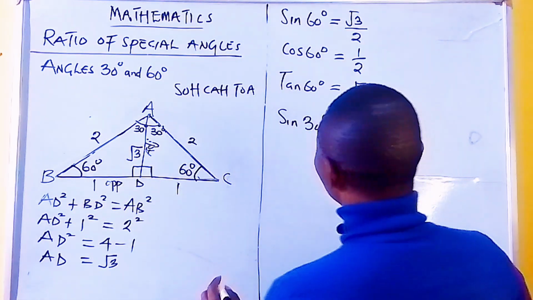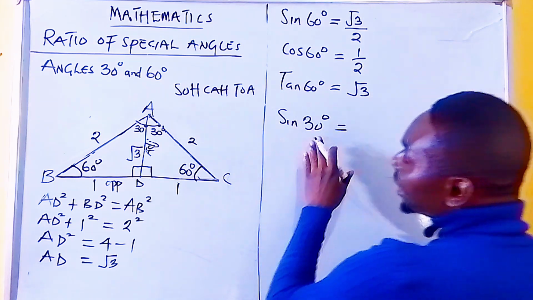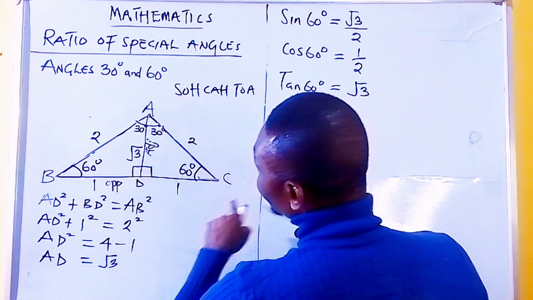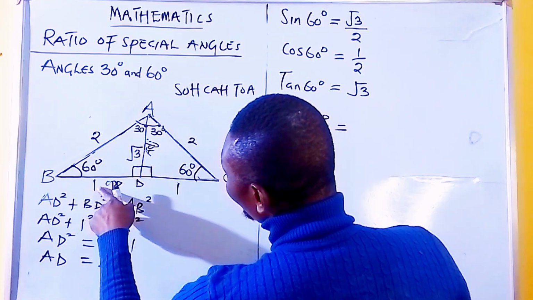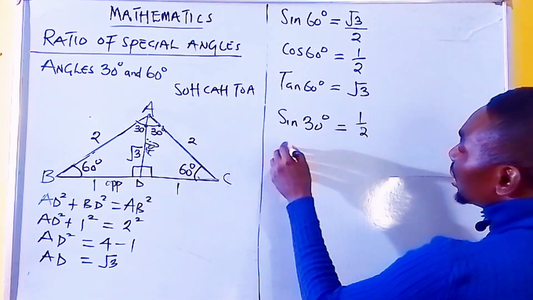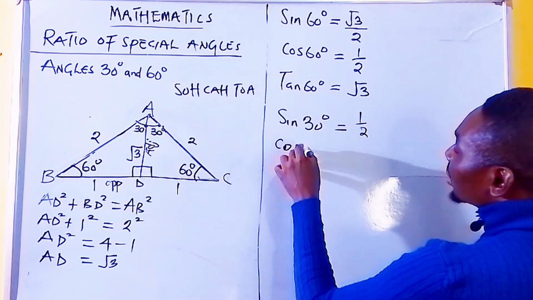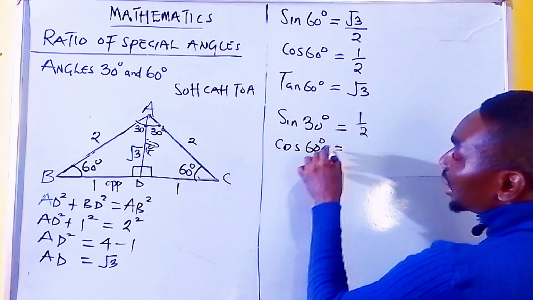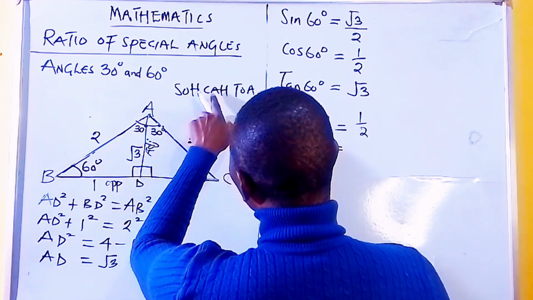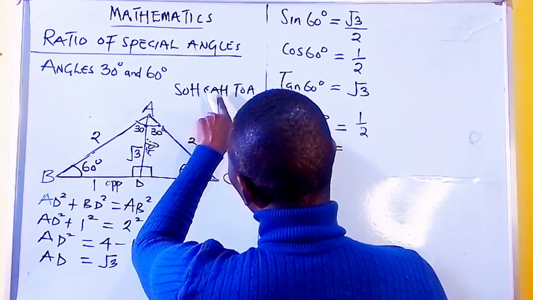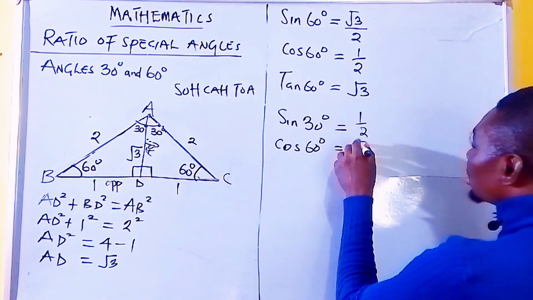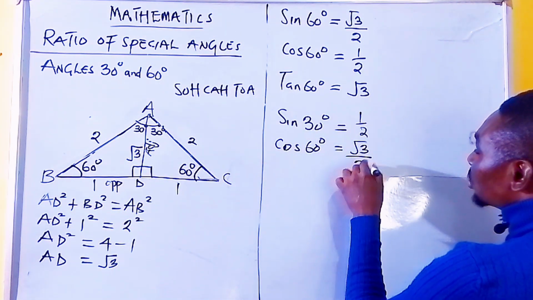So at this point, sine 30 degrees will be opposite over hypotenuse, that is 1 over 2. Then cos 30 degrees is adjacent over hypotenuse, that is root 3 over 2.